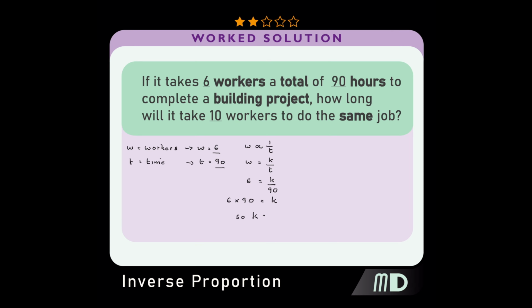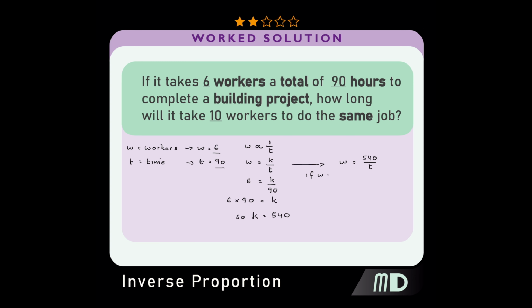So, K is equal to 540. Replacing K with 540 changes our equation. So, W is now equal to 540 divided by T.